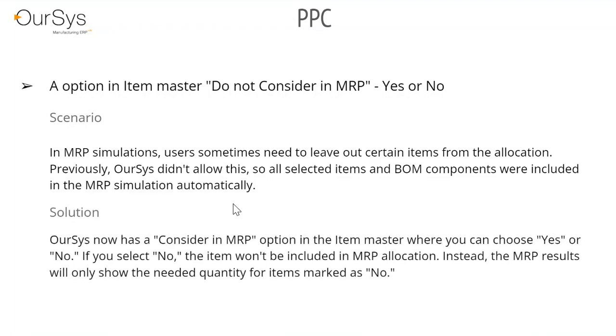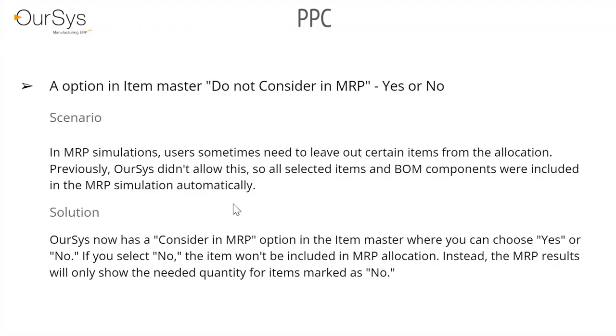Now OurSys has improved so that the user can choose to exclude specific line items from the simulation. That means you can decide not to include certain items or their components in the material requirement planning calculation, making the simulation more flexible and tailored to their needs.